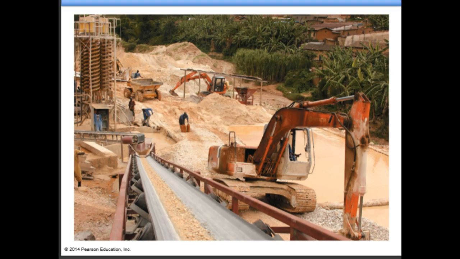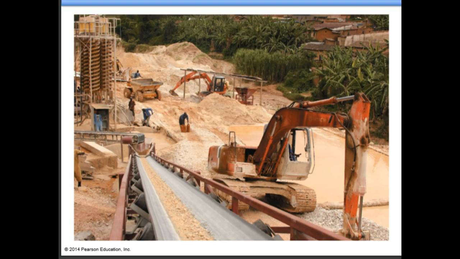This deals with the central case study, mining for cell phones. There is a little known metal called tantalum that is needed in every cell phone, a tiny amount. And this is what they are mining for.